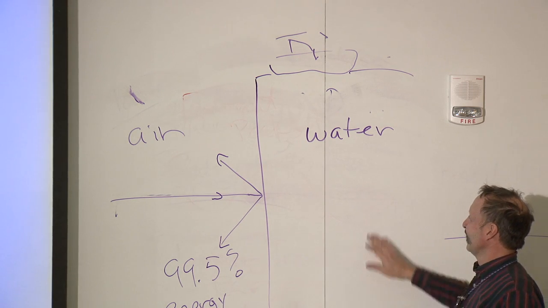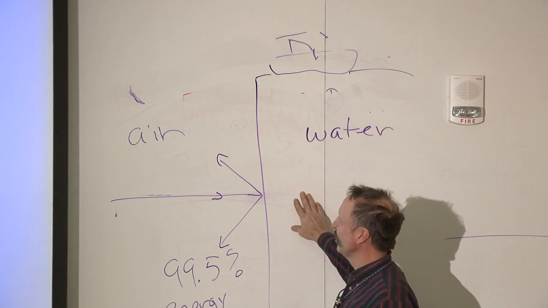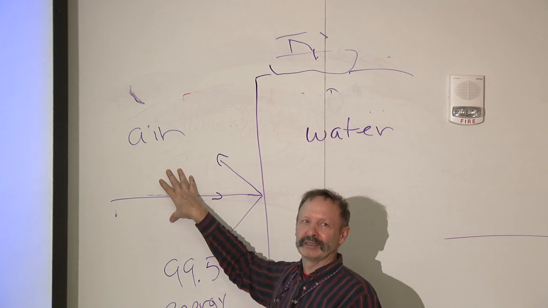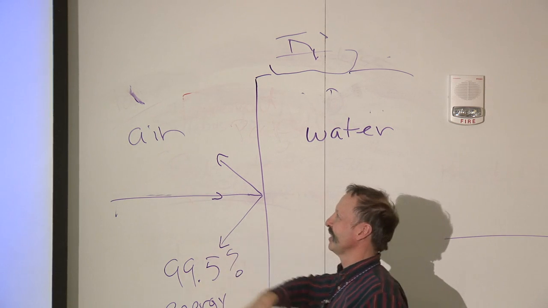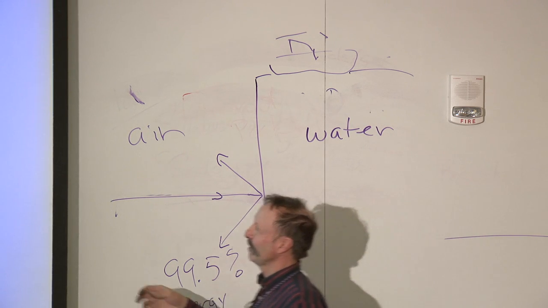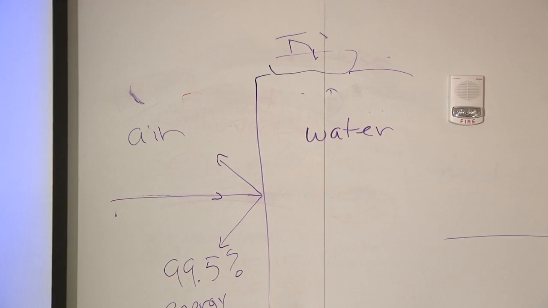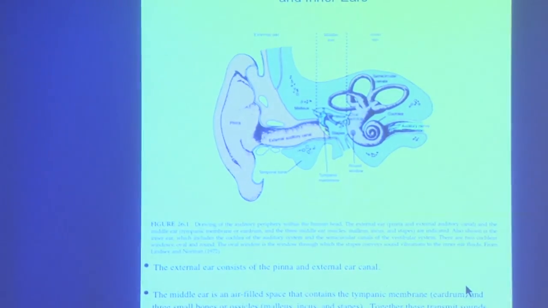So how does the auditory system deal with this? We want to listen very carefully to a pin drop, but most of the energy bounces back off at this boundary between air and fluid. That's the job of the middle ear.